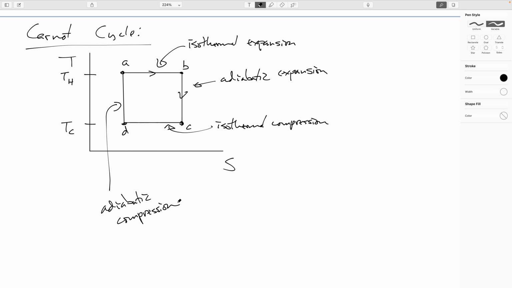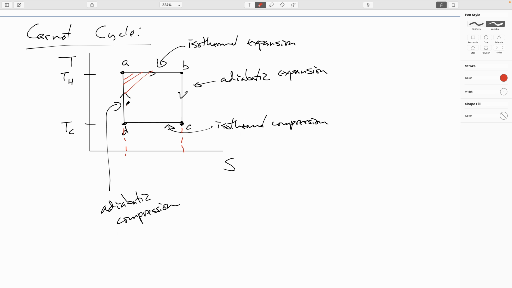Now, how do you actually achieve adiabatic expansions and compressions? In practice, you can't. This is an ideal. There is a process called the Stirling cycle that gets really close to this, but not quite. So anyway, between this, we will have extracted as much heat from the hot reservoir as possible. So we'll just extend down here.